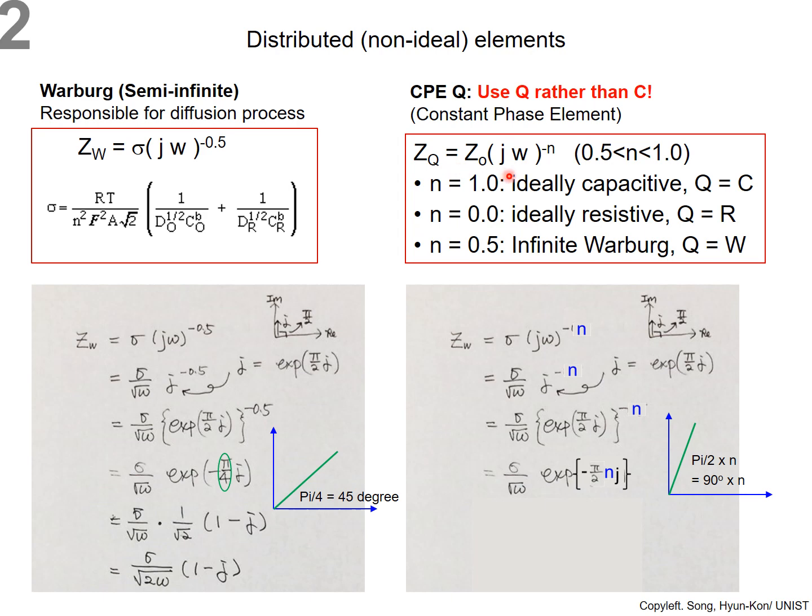The shape of the function is very similar to the Warburg impedance, excluding the exponent. In this impedance, we have one more parameter, n. If n is going to 0.5, what is that? The CPE is going to Warburg.